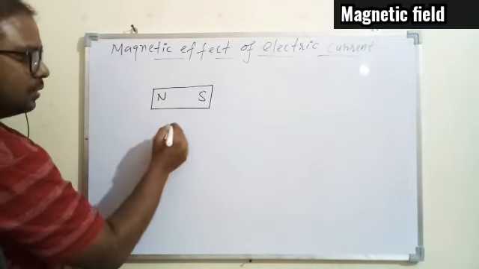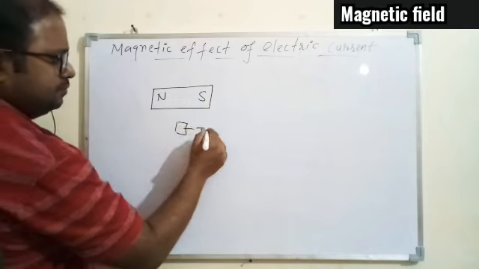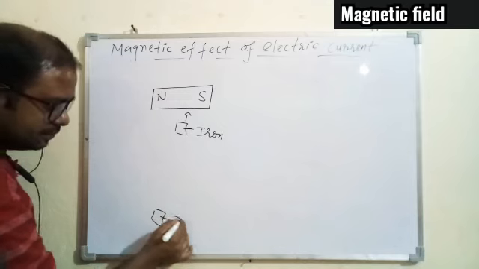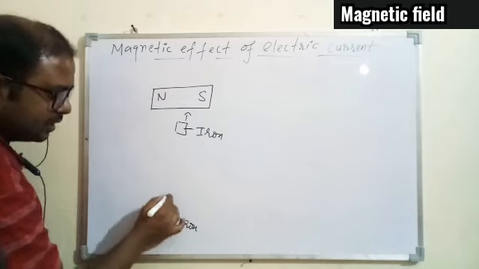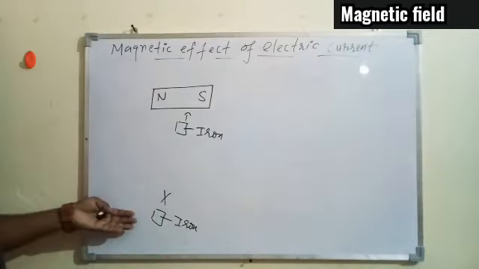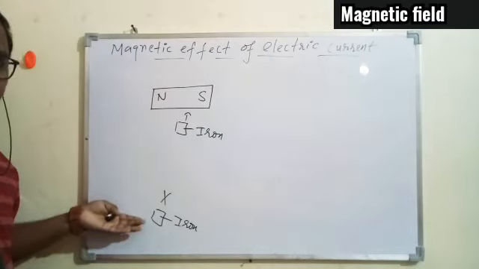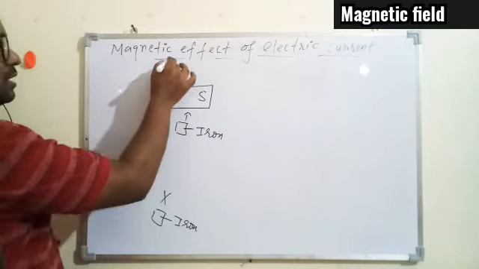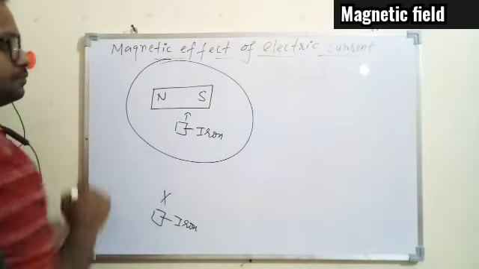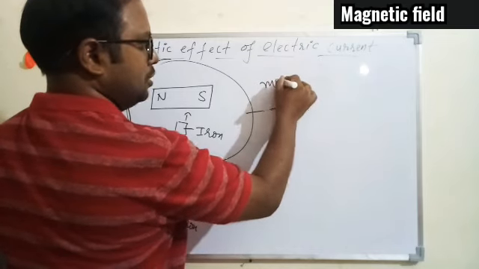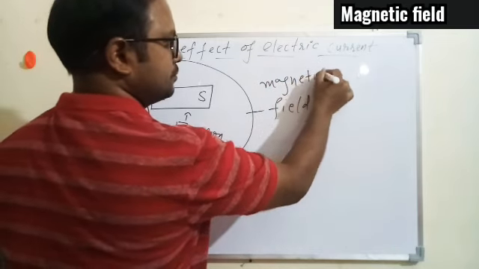If I place any iron object here, it will attract, but after a certain distance, if I place the iron, it may not be attracted by the magnet. So this magnet has some field, and that field is also called the magnetic field.